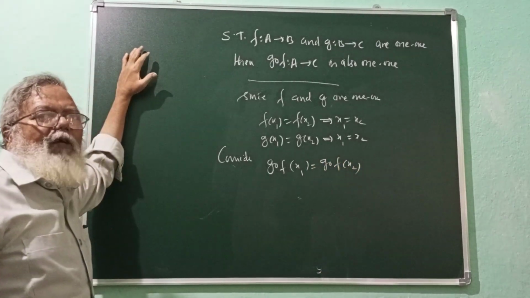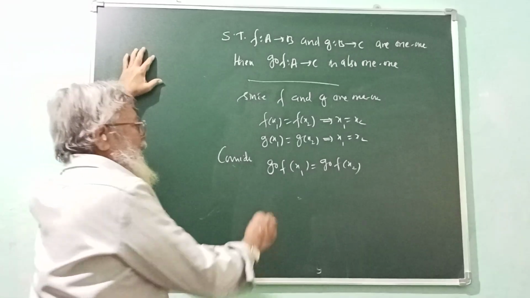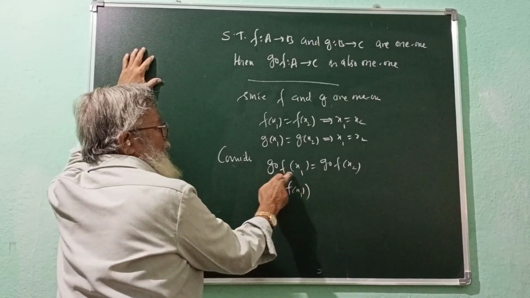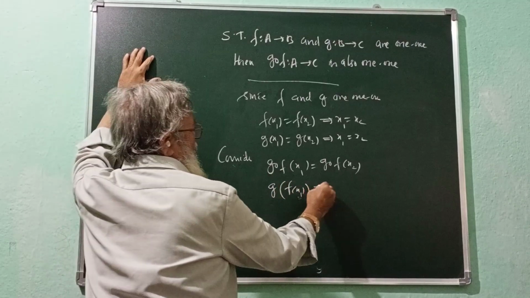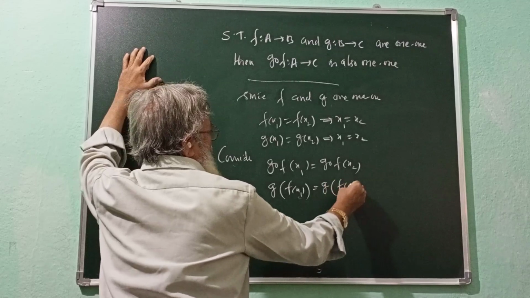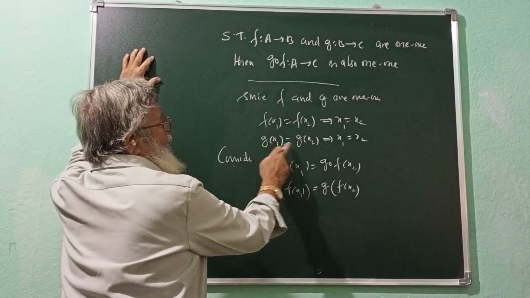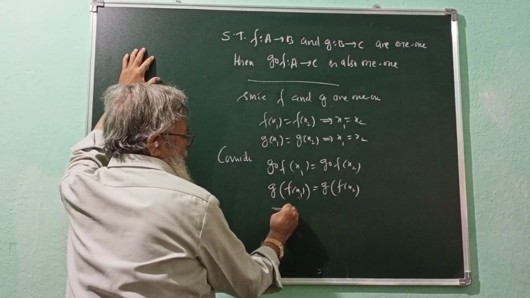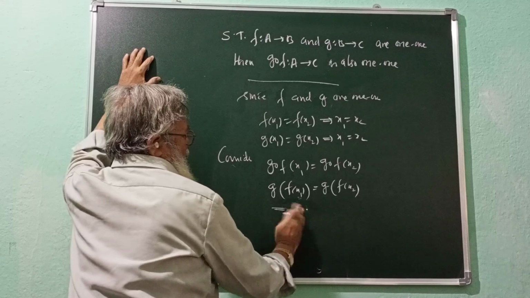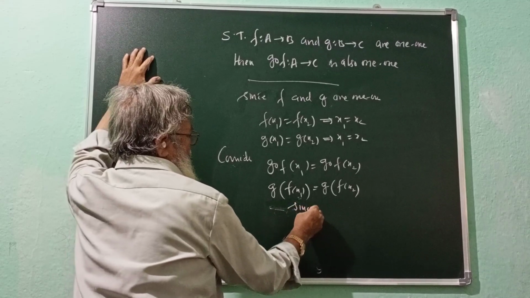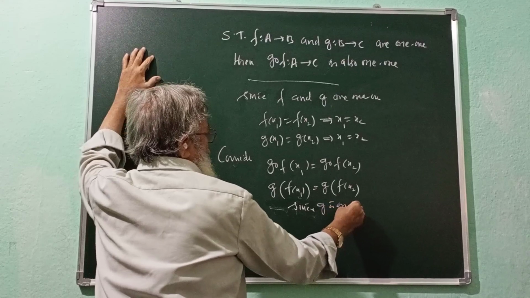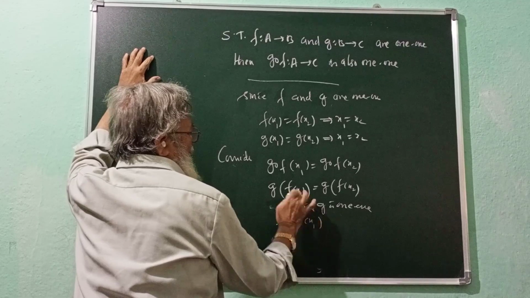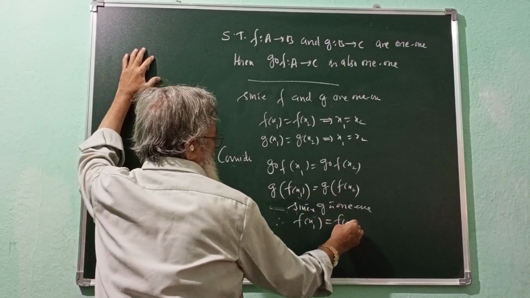g composition f of x1 equals g composition f of x2. Now by the definition of composition of function, we can write g of f of x1 is equal to g of f of x2. See here, g of x1 is equal to g of x2 means x1 is equal to x2. Since g is 1-1, therefore f of x1 is equal to f of x2.